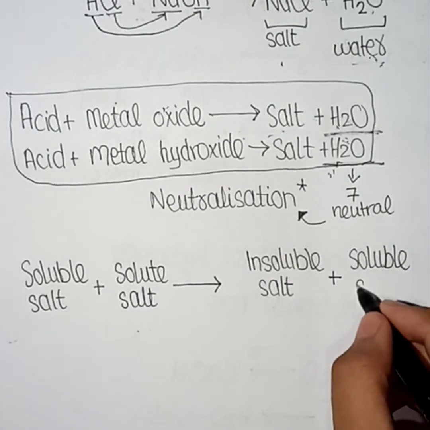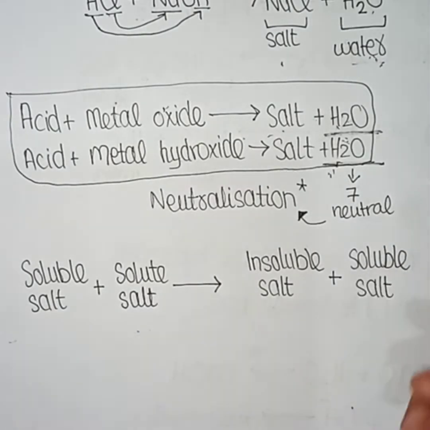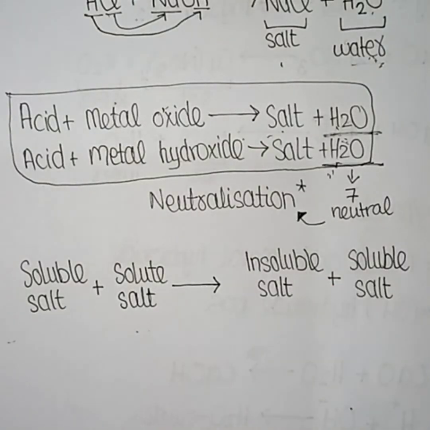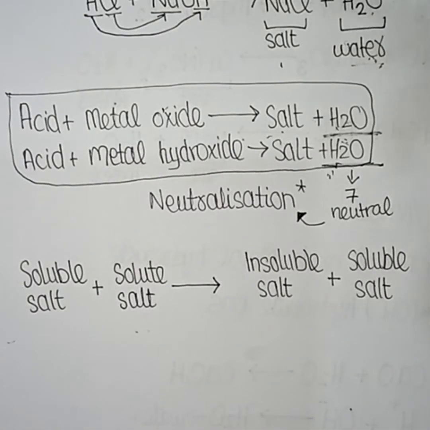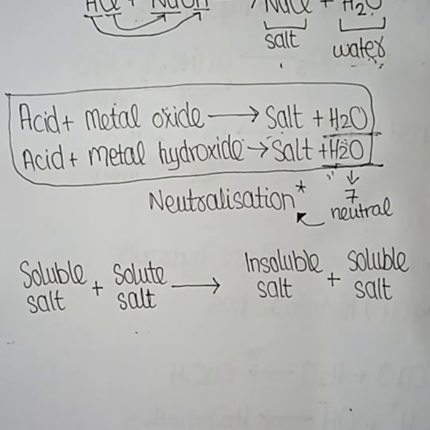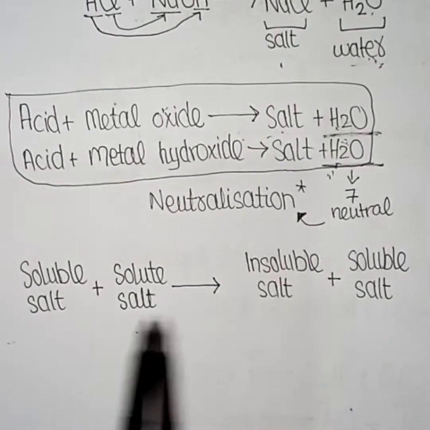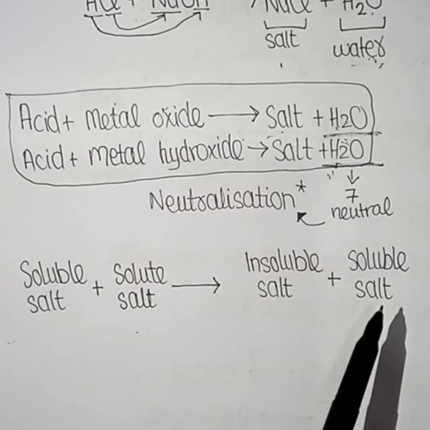What does the word soluble mean? The substance which can dissolve in a solvent is known as the soluble salt, and the solvent is the one in which the soluble is dissolved, which will react to give you an insoluble salt and a soluble salt.